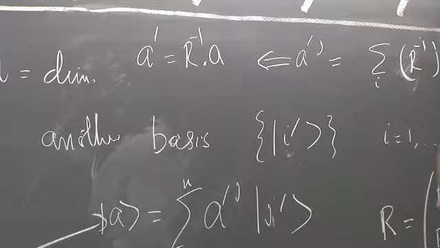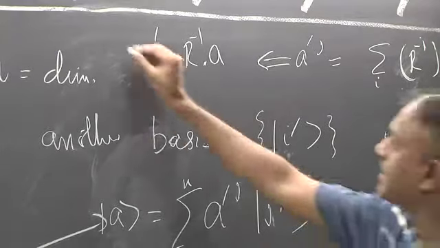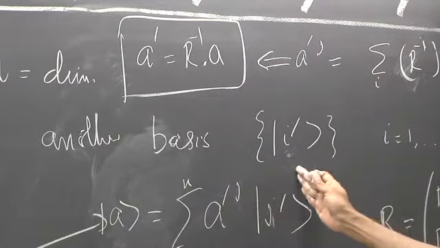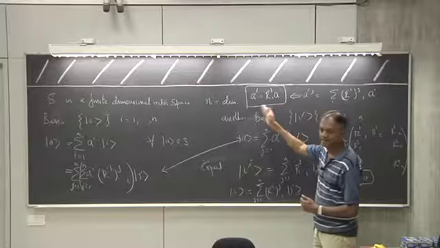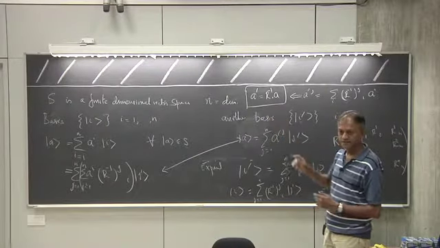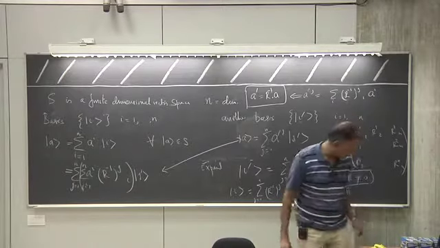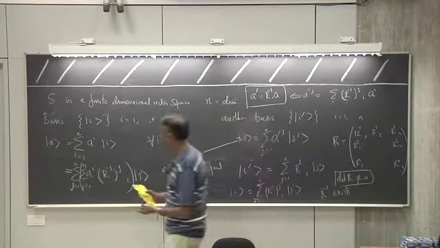Okay? A1, A2, A3, all the way up to AN column vector. So this is the basic transformation rule. So when I change the basis from one basis to another, the coefficients transform like that. This is the relation between the coefficients. Okay, this is just reminding you of what I had already discussed.